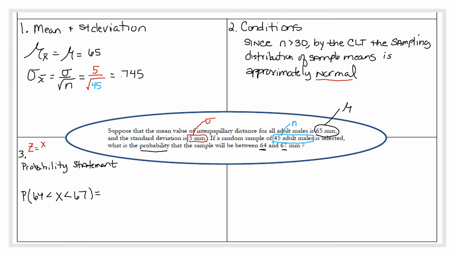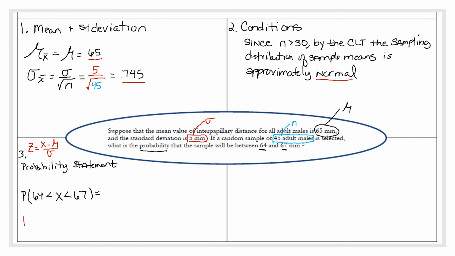Remember that we use x minus the mean divided by our standard deviation. We have a mean here of 65 and a standard deviation of 0.745. These are our x values, so we're going to convert them into z-scores.